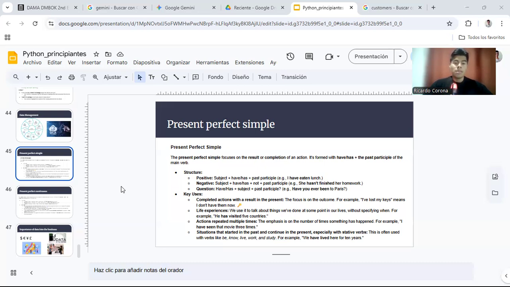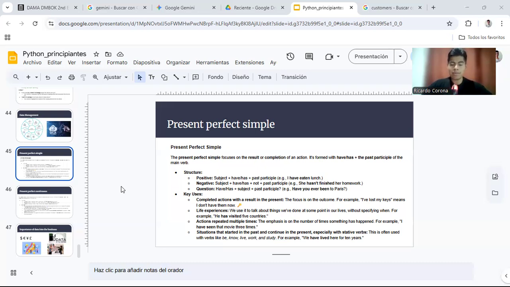Well, I'm going to start by defining these tenses. When we use present perfect simple and present perfect continuous, we usually use them to connect the past and the present.